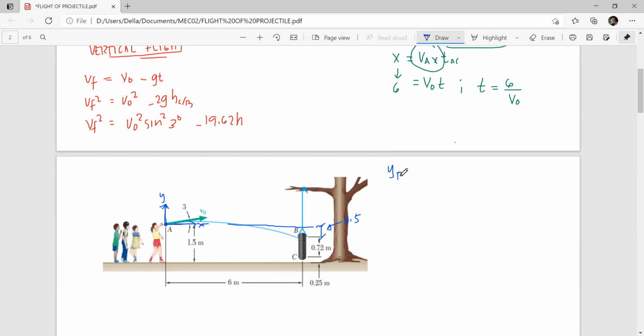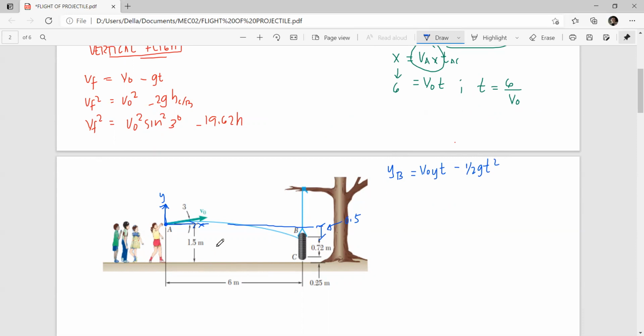So YB equals velocity along the y-axis multiplied by t minus 1/2 gt square. So let us substitute.